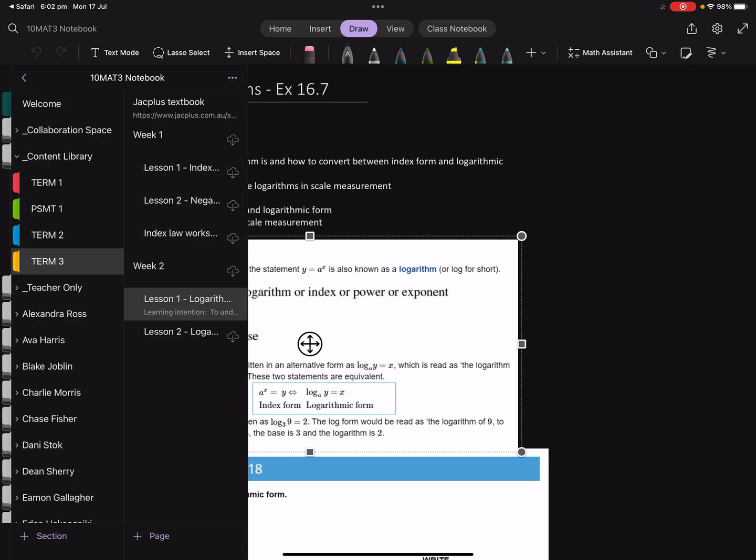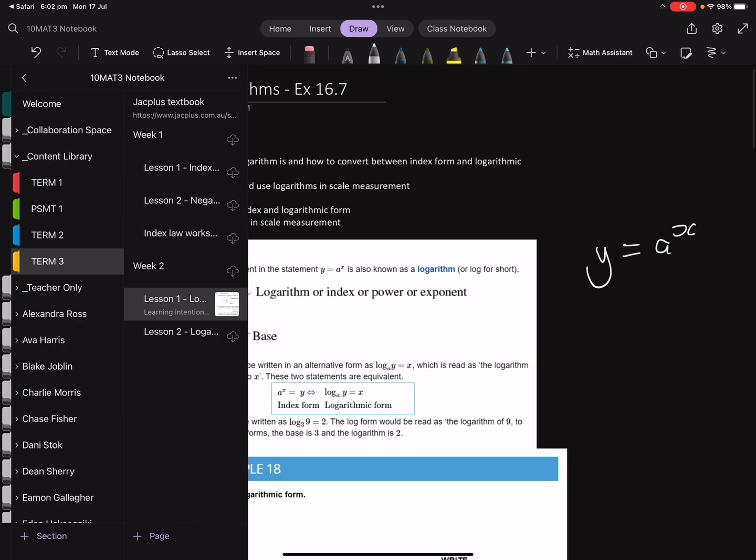So let's do a little example over here. We'll write our form, y equals a to the x. And how can that be written? What we're going to do is write out our log. What value are we bringing down? Our base value. So we're going to bring this one down, and it's going to come down here to our a.